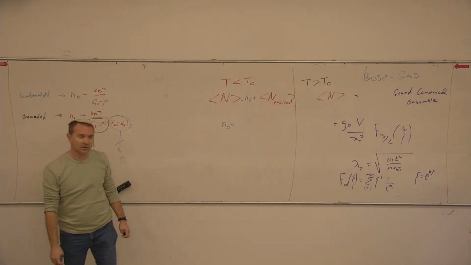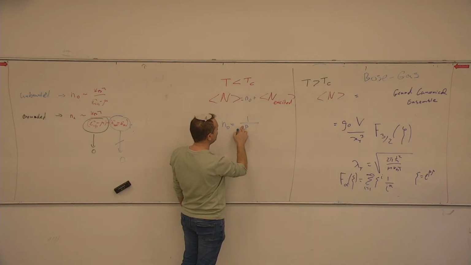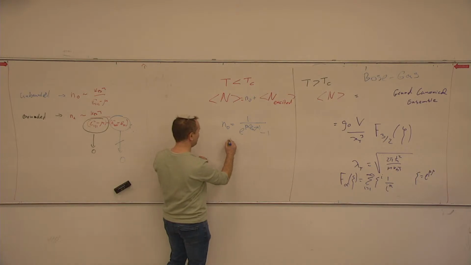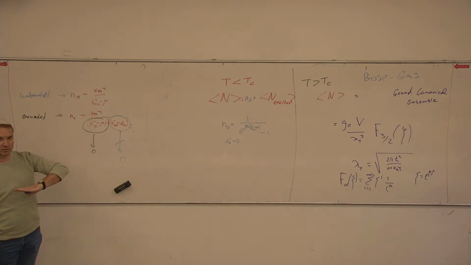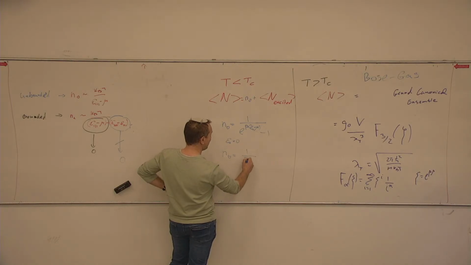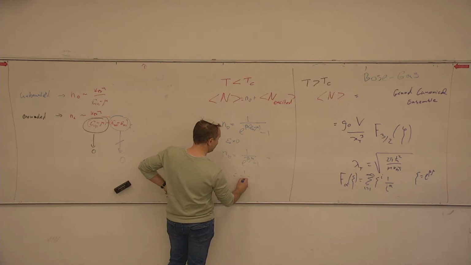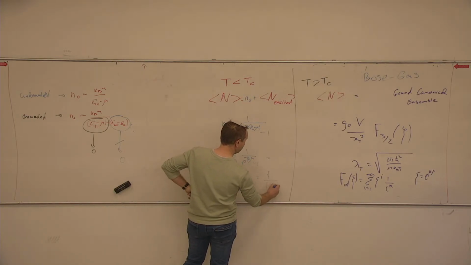We know that it is 1 over e to the power beta epsilon 0 minus mu, minus 1. Now epsilon 0 equals 0, since we can always set our ground state to be the lowest state. So we obtain that N0 equals 1 over e to the power minus beta mu, minus 1, which equals 1 over psi minus 1, which equals fugacity divided by 1 minus fugacity.